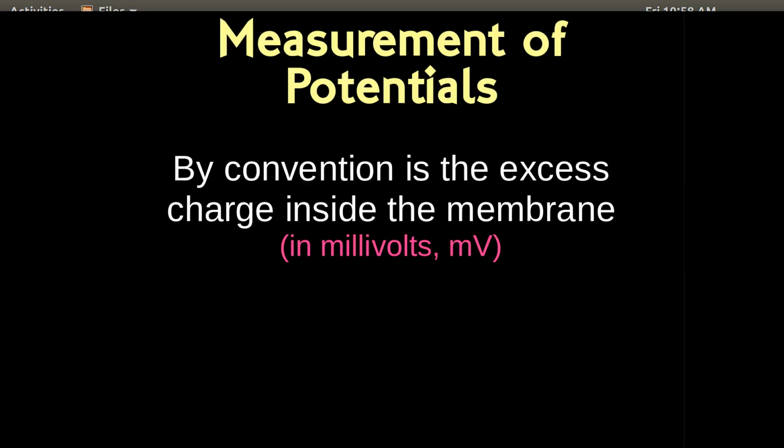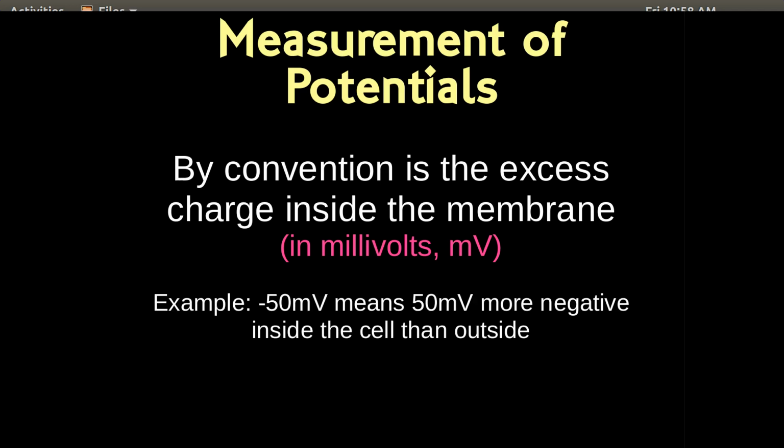Let's talk about the measurement of these potentials. By convention, again, just to reiterate, we're using the excess charge on the inside of the membrane when we're describing how large or how small that potential is. And we usually measure it in millivolts. So for example, if you have a membrane potential of negative 50 millivolts, this means that you have 50 millivolts more negative charge on the inside of the cell than you do on the outside of the cell.